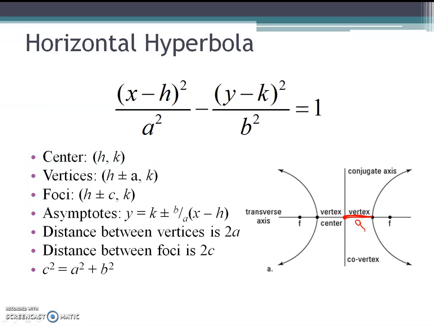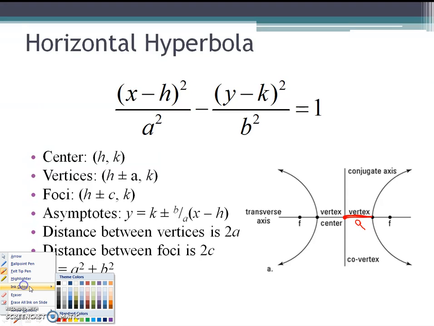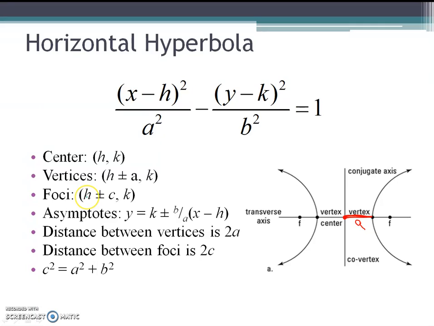You still have a c value that needs to be calculated to find the foci. The distance from the center to one of the foci is that c value. The formula for c is a little bit different in this case. It is c squared equals a squared plus b squared. Essentially, it is the Pythagorean theorem. So just keep that in mind as you go.